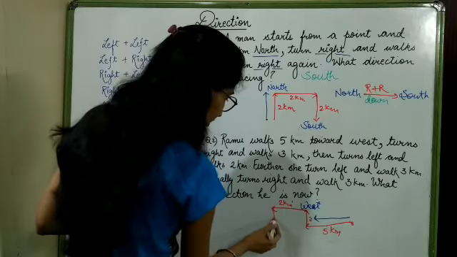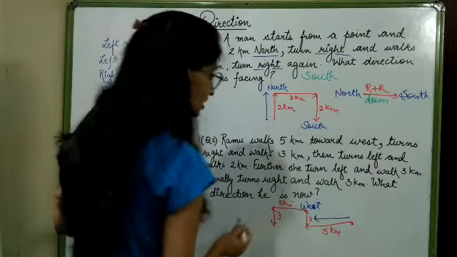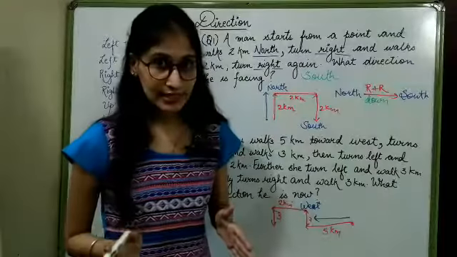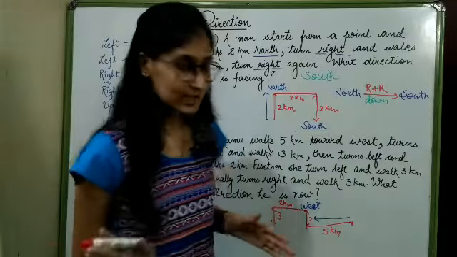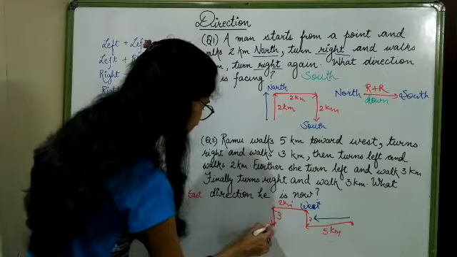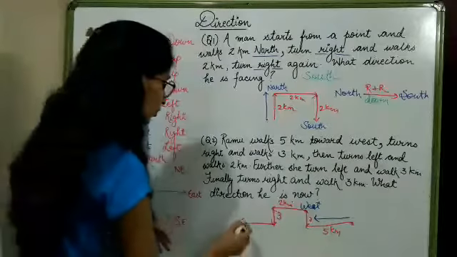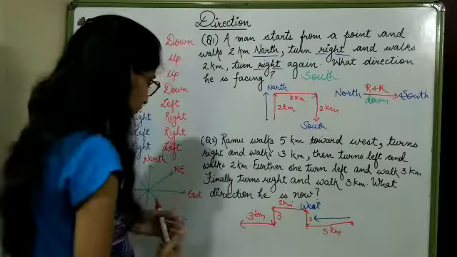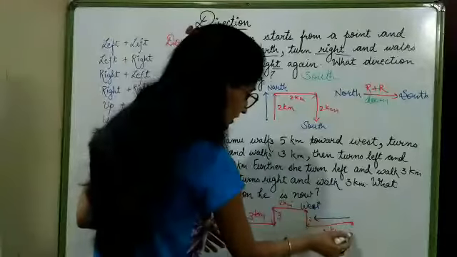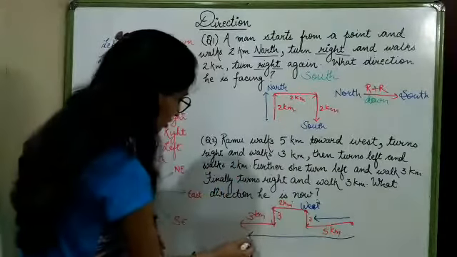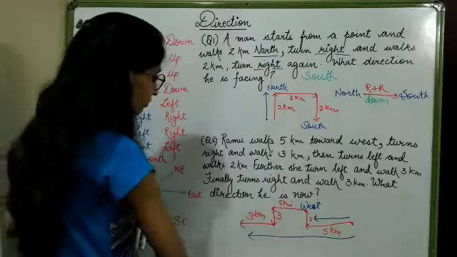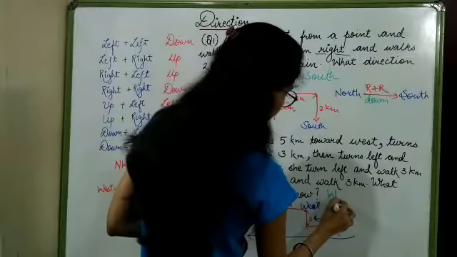Turns left and walks 3 kilometers. Finally, she is standing like this. Finally, she turns right. Right will be here and walks 3 kilometers more. What direction is he facing? He is facing the same direction with which he started. So our answer here will be west only.